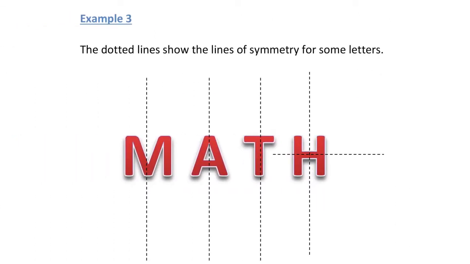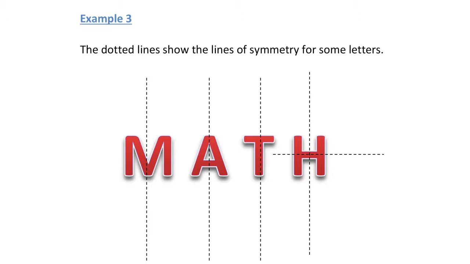Let's look at the next example. We have the letters of the word math: M, A, T, H, all in uppercase. We can see the dotted lines showing the lines of symmetry. The letter M has one line of symmetry passing through the midpoint of the alphabet.